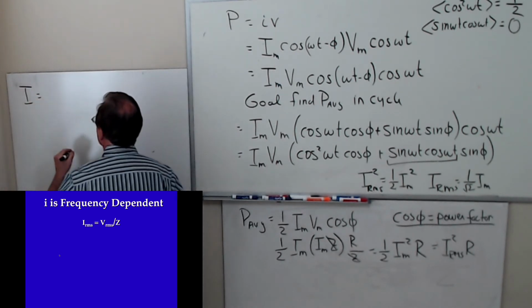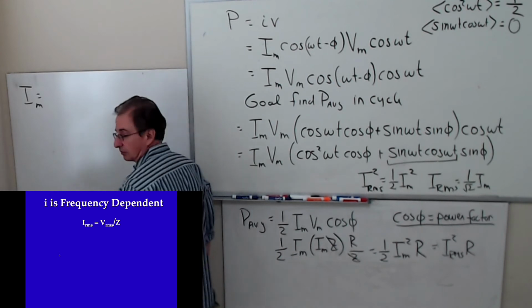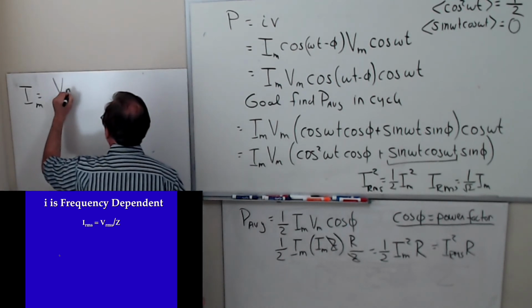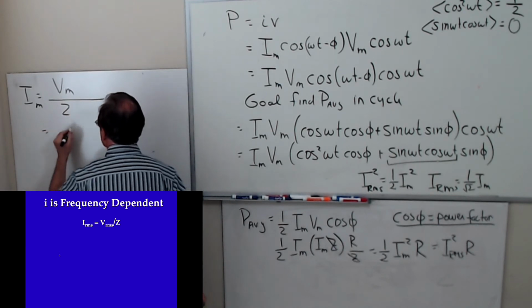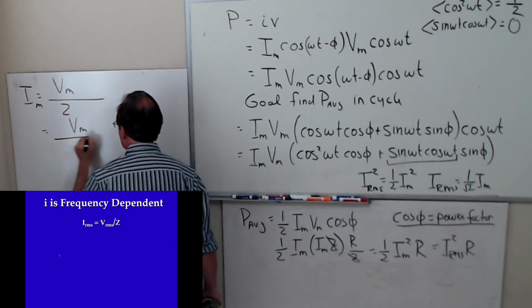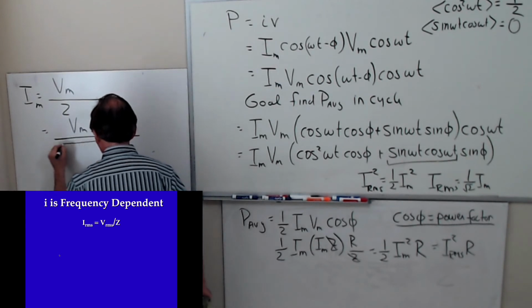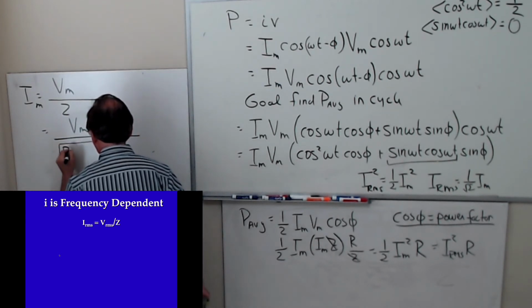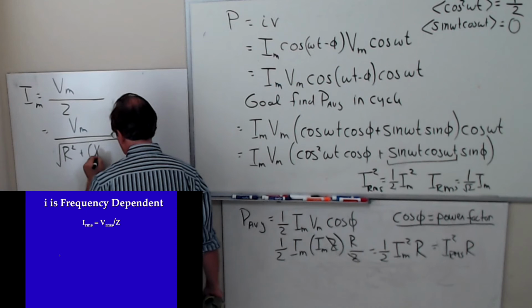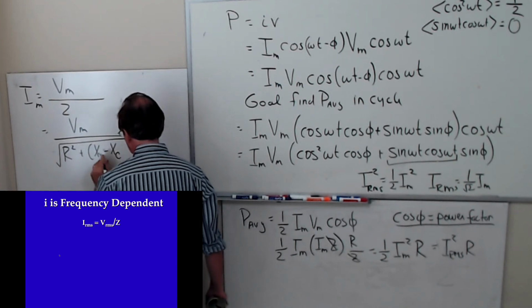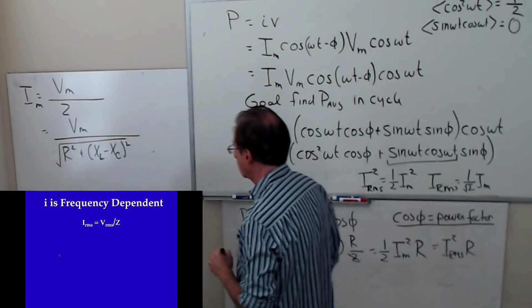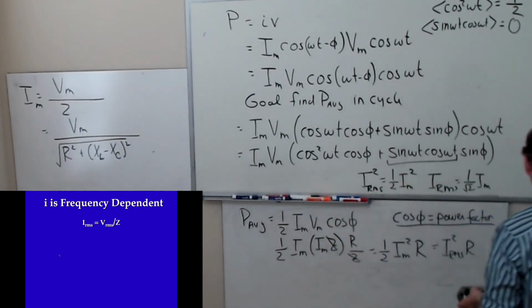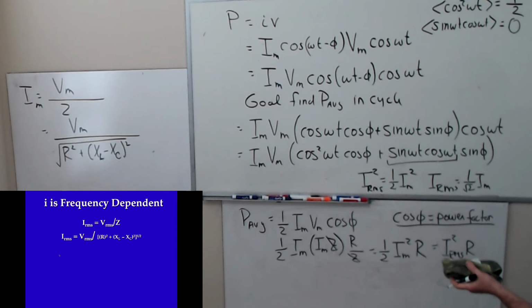I sub m is equal to V sub m over Z, which is V sub m over the square root of R squared plus X sub L minus X sub C, squared. And we can write what X sub L and X sub C are explicitly.